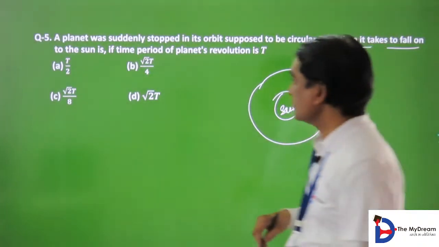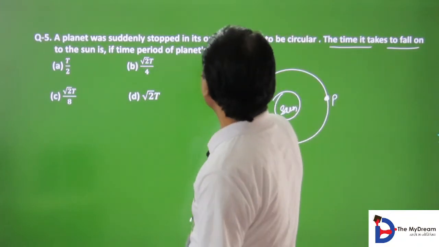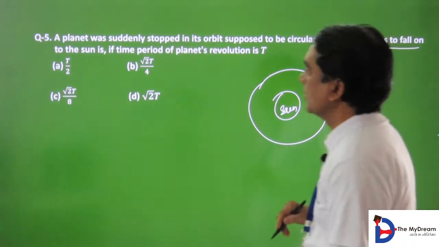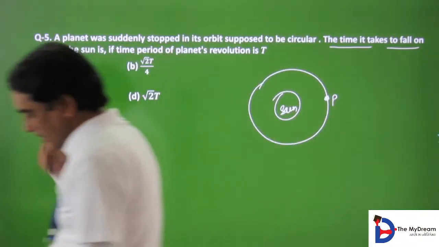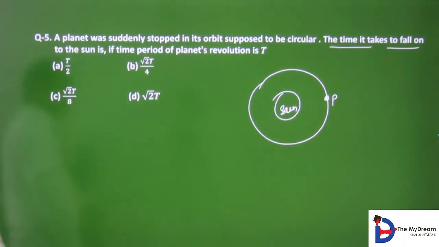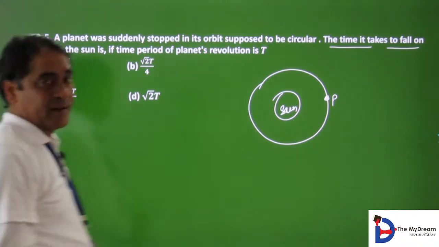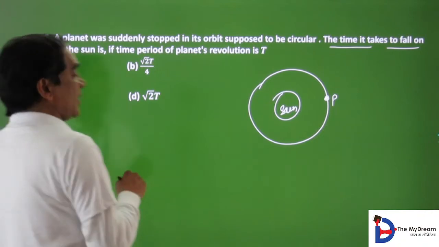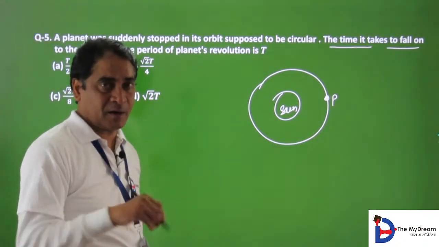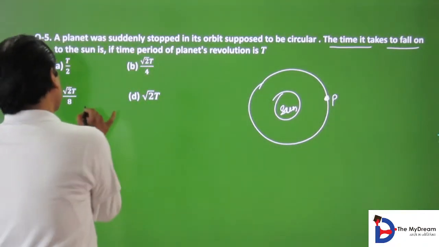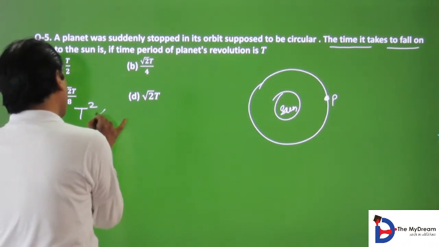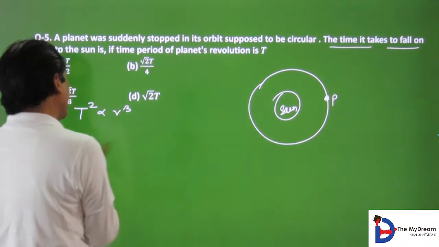The time period of the planet revolution is capital T. So as you know, Kepler's third law, the square of the time period is directly proportional to the cube of the semi-major axis.